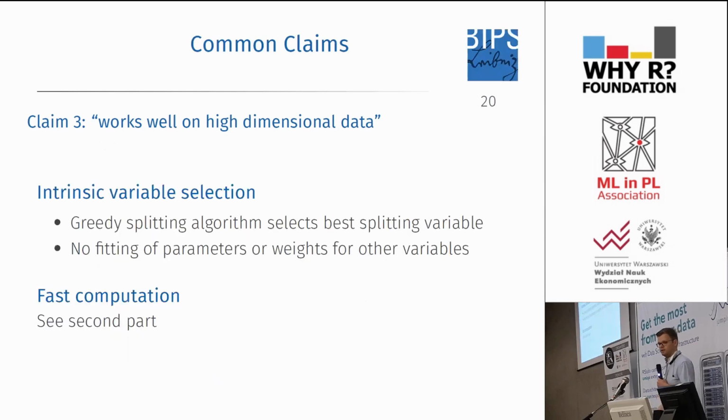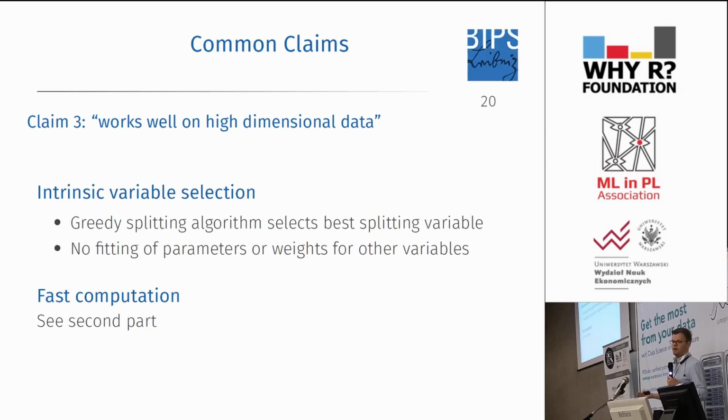So the reason for that is this so-called intrinsic variable selection. This greedy splitting selects the best variable in every split, as I explained. But you don't have to fit any parameters, weights, or whatever for the other variables. So it selects the important variables in every node.